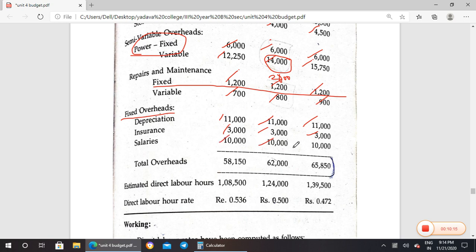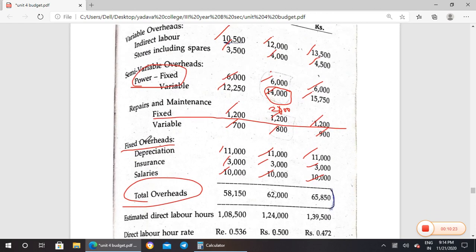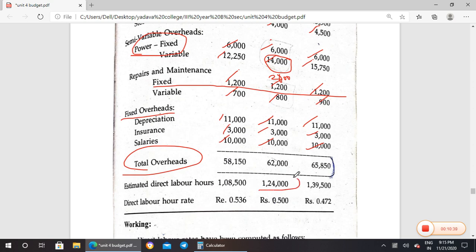Salary 10,000, 10,000, 10,000 for all percentages. When we add all these things, we'll be getting the total overheads: 58,150, 62,000, 65,850.